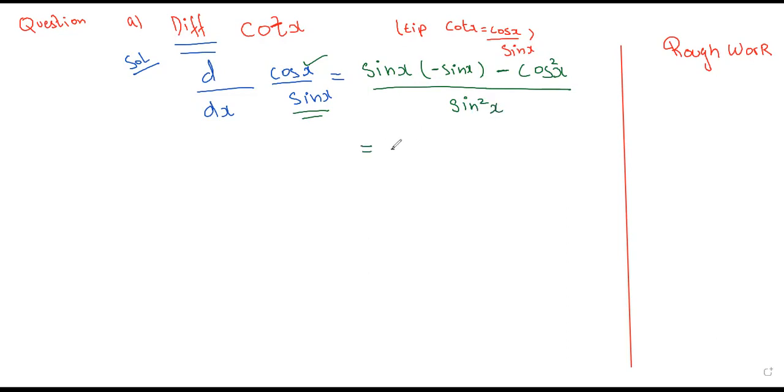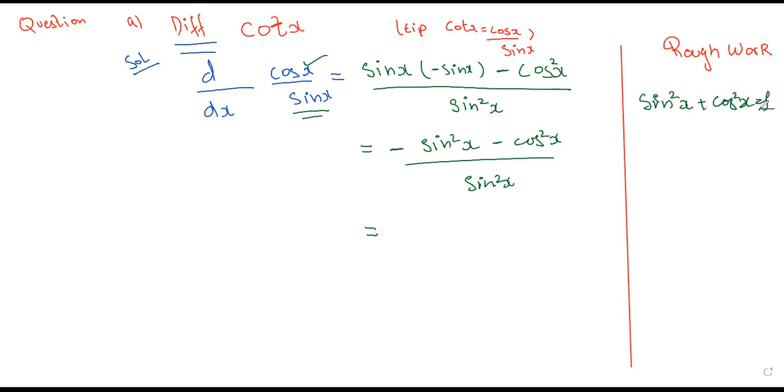So you will have minus sine square x minus cos square x divided by sine square x. So can you simplify this further? You can use a trigonometric identity here. Sine square x plus cos square x equals 1. Very good. This is the trigonometric identity we will be using.